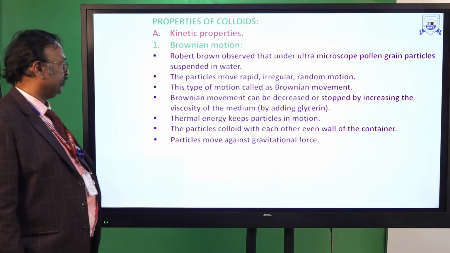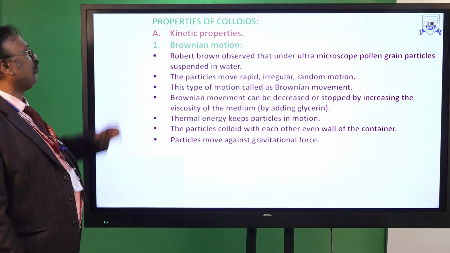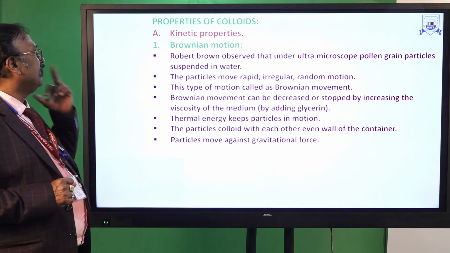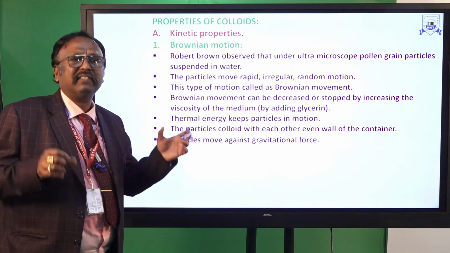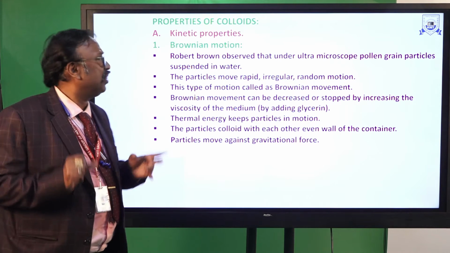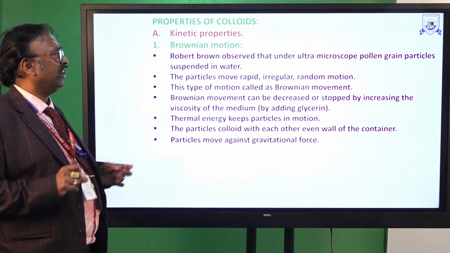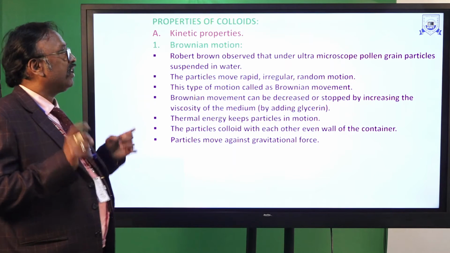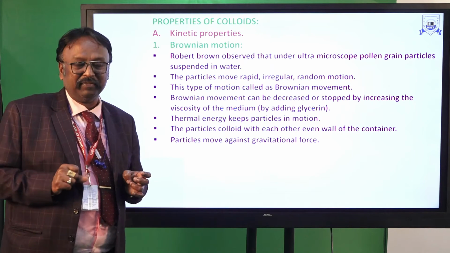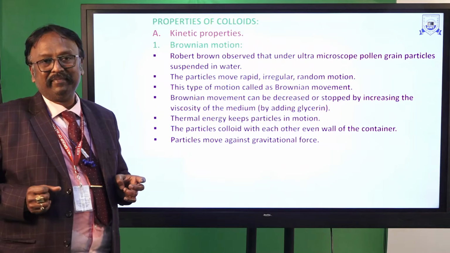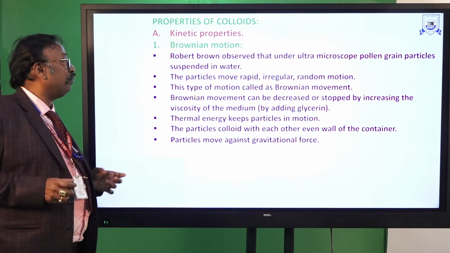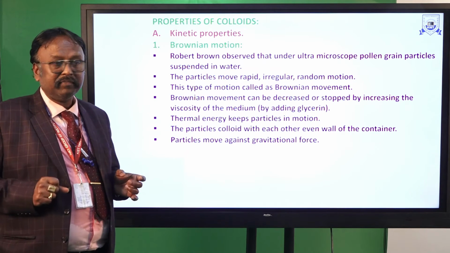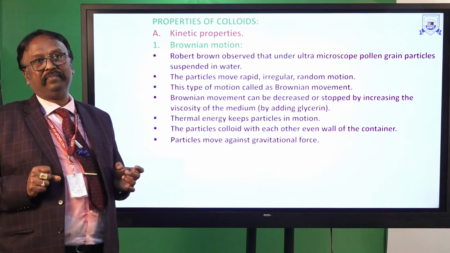Kinetic properties. In kinetic properties, the first one is Brownian motion. What is Brownian motion? Robert Brown is a scientist. He observed that under the ultra microscope, pollen grains suspended in water move randomly, rapidly, with irregular, random motion.